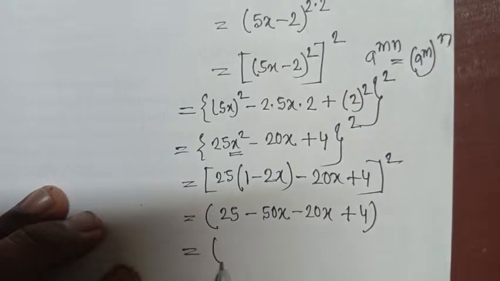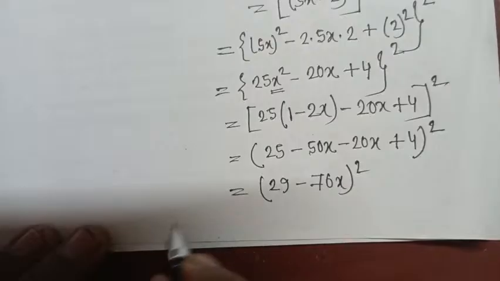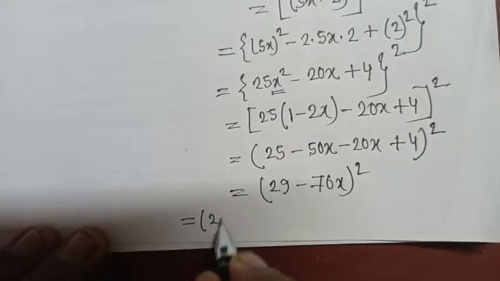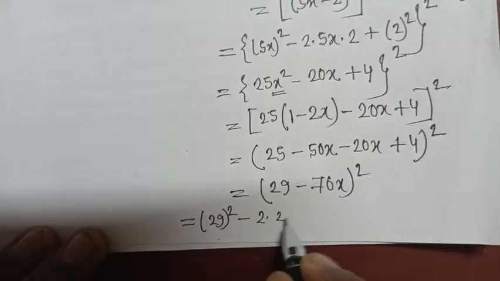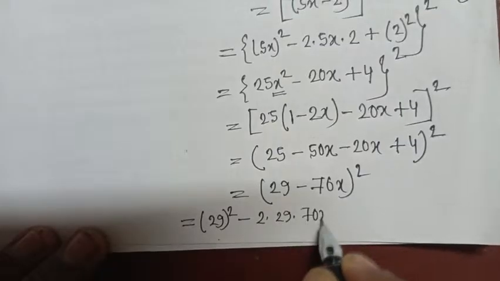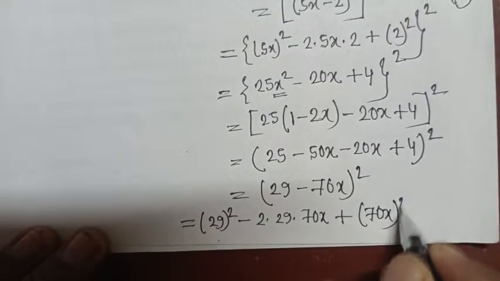Now if we simplify, we get 29 minus 70x square. Now if we put this as 29 square minus 2 into 29 into 70x plus 70x square.